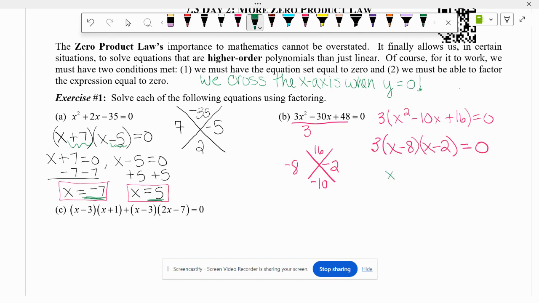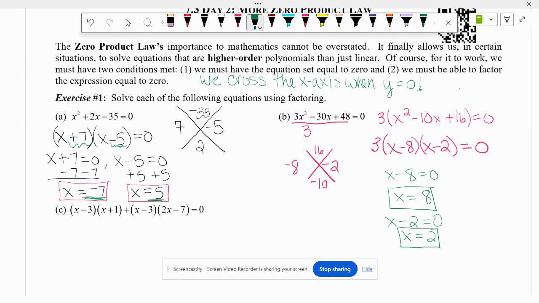So if x minus 8 equals 0, well, then I know that if my factor is negative 8, my root is positive 8. If x minus 2 equals 0, if my factor is negative, my root is positive. These are the two places where the parabola crosses the x-axis.